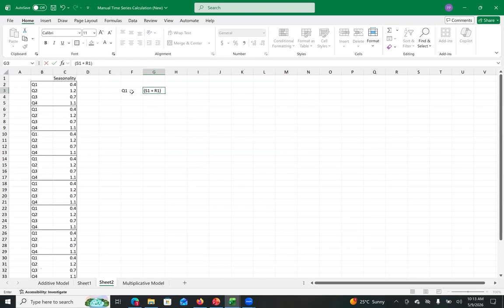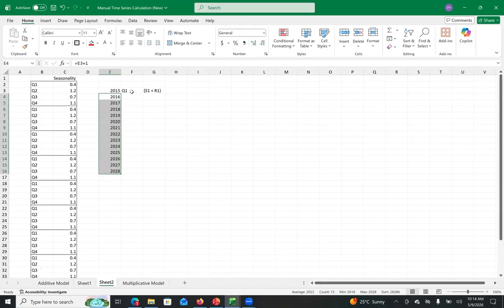I'm just taking an example. I do not have this many data points. Let's say I'm talking about only quarter one for now.